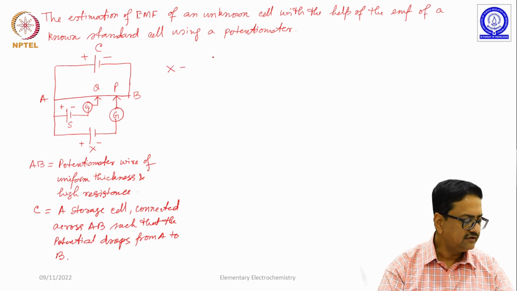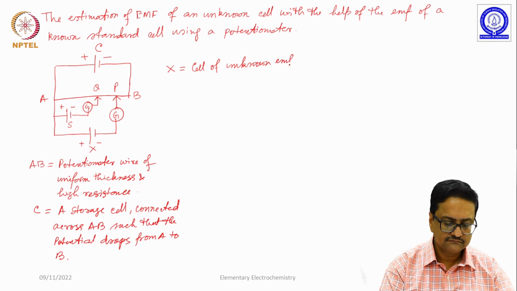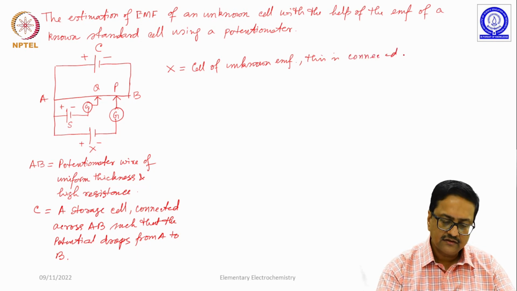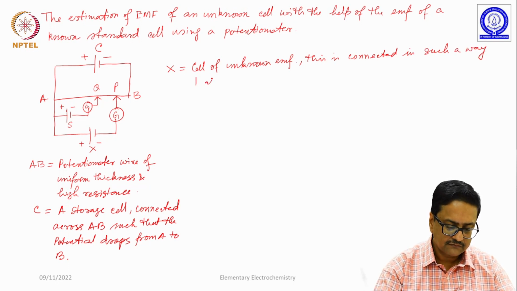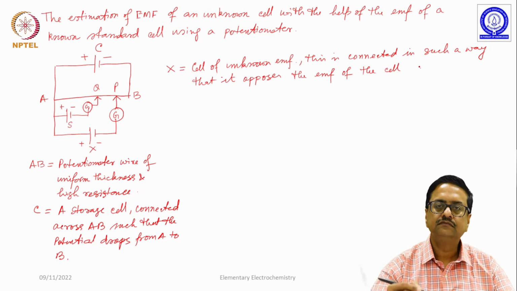X is the cell of unknown EMF. This is connected in such a way that it opposes the EMF of the cell C, right.